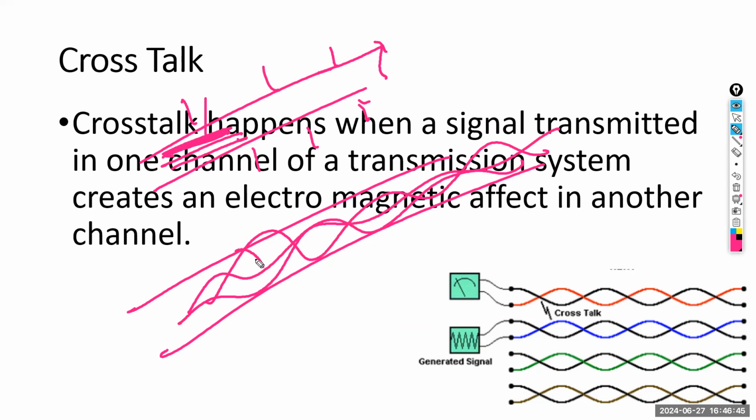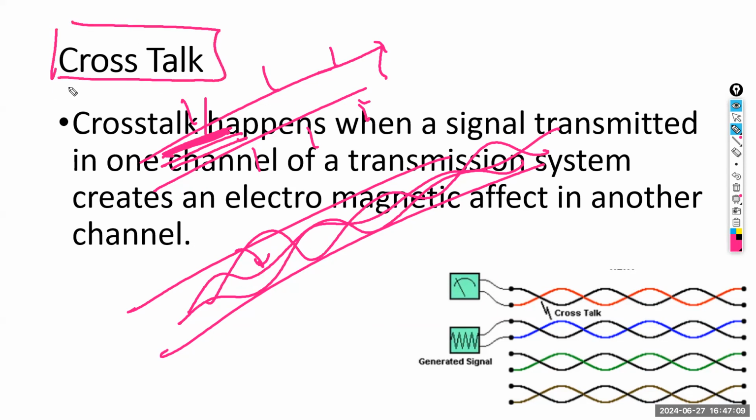So that means multiple signals are sent using the same channel at the same time. And one signal can distort the other signal if you don't take precautionary steps. Of course, we take precautionary steps to minimize this. Still, it can happen. If it happens, we say there's a crosstalk. Crosstalk. So why do we call it crosstalk?